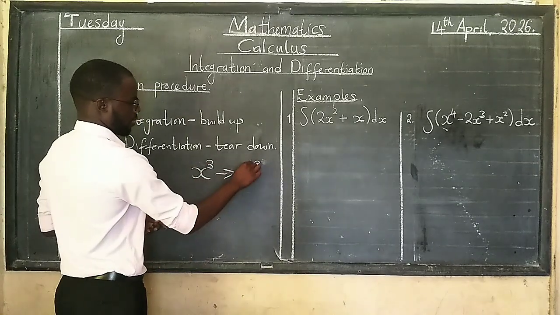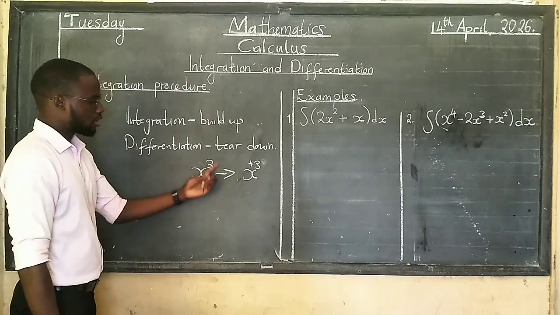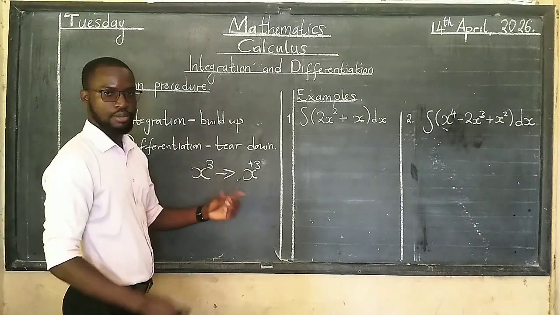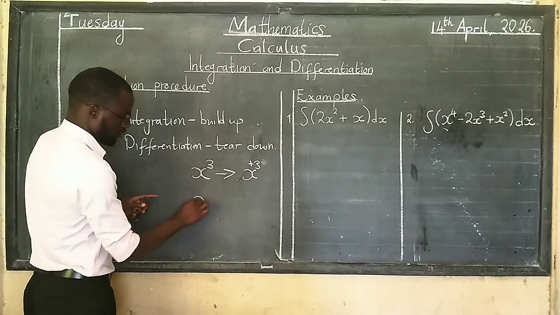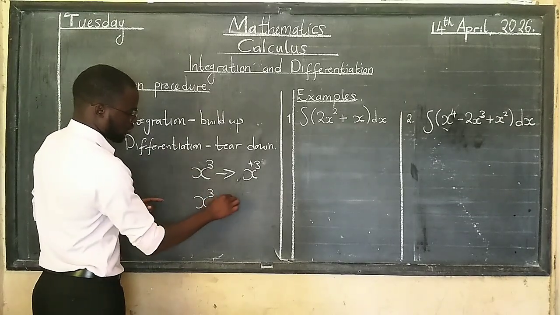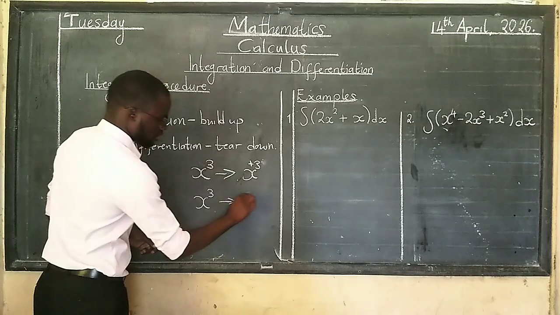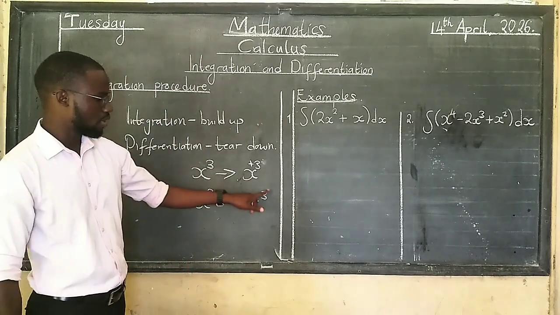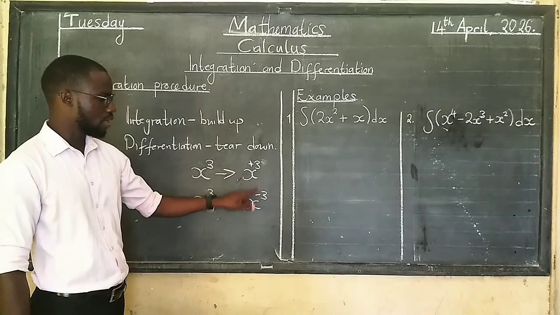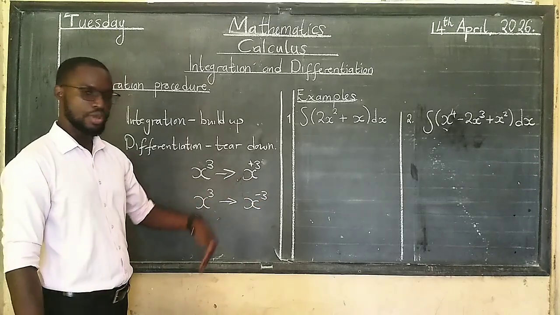Maybe let me say plus 3. So when you integrate this, the power of x is bound to increase. Then differentiation, if you have the same thing, x to the power 3, the power of x will be reducing. I don't mean it to become negative 3, I'm saying it will be reducing, 3 going down.